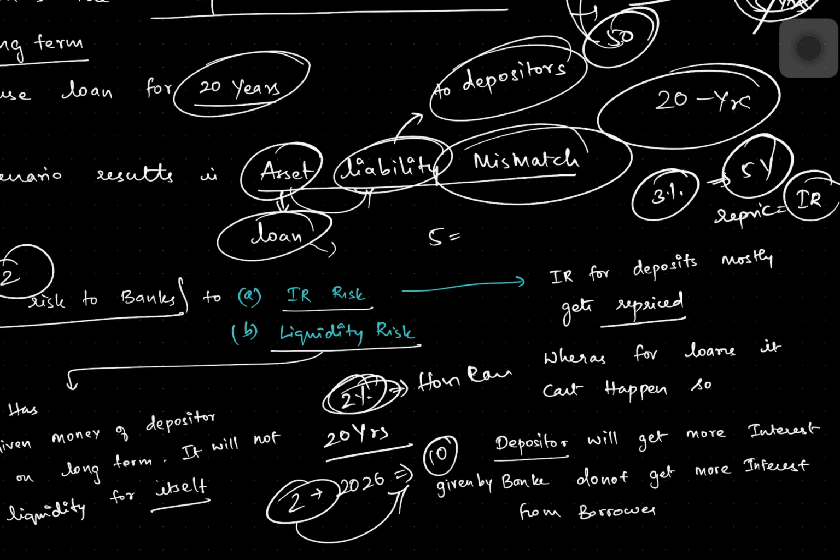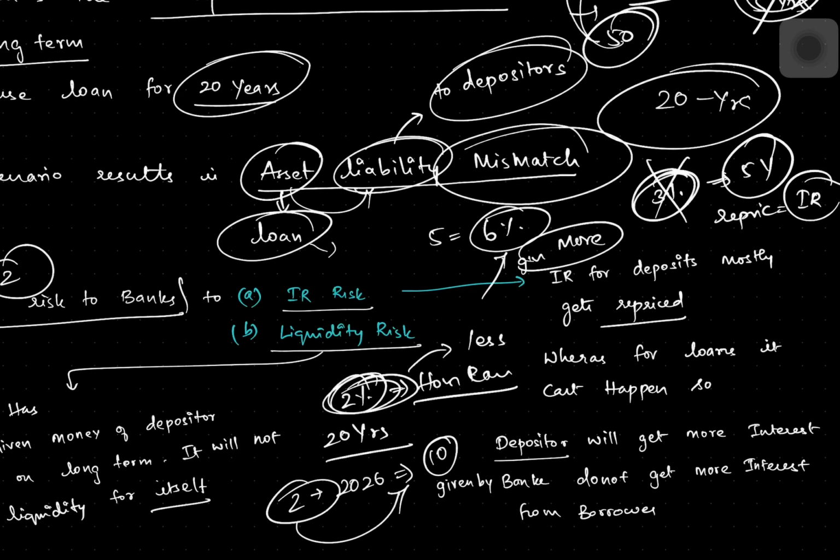Say after 5 years, 3% interest is not accepted, so it has to give 6% interest. But after 5 years also, it will get the same 2% interest from the loan. Now you see, it is giving more but getting less. So this is one of the risks which the bank faces.